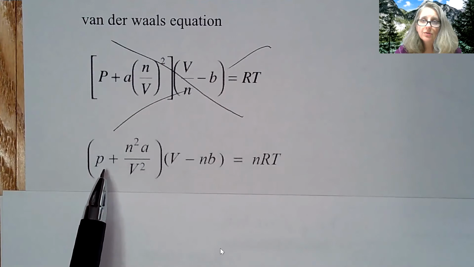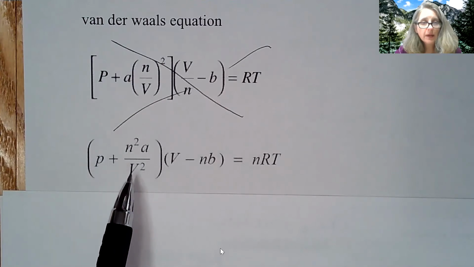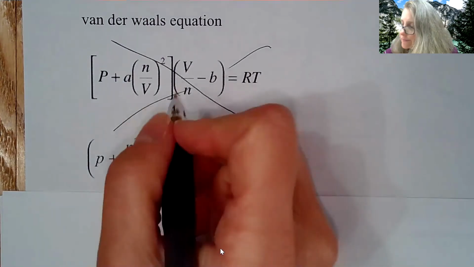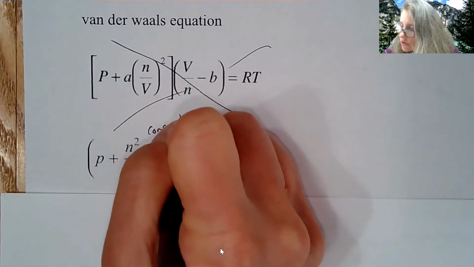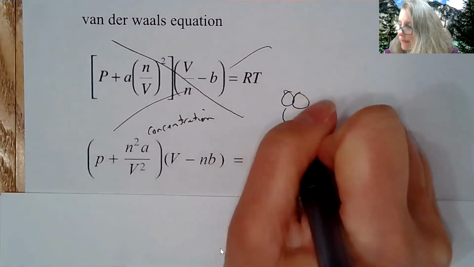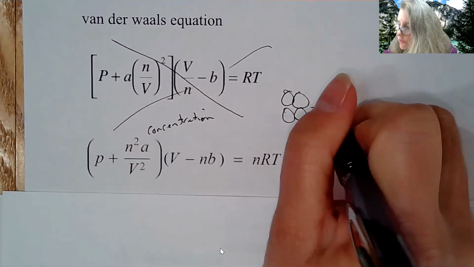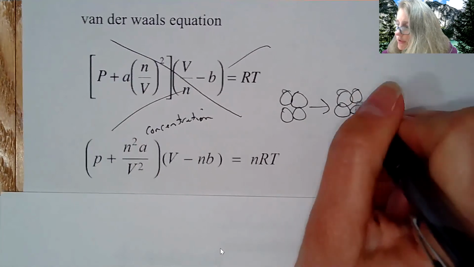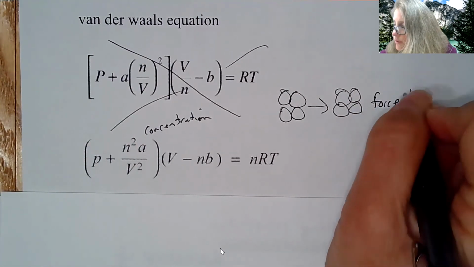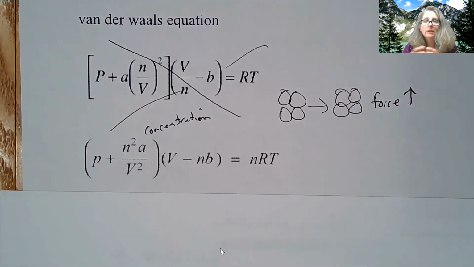So the pressure is going to be affected by the attractive forces, because if you have bigger clumps of gas particles, when they hit each other, you're going to have a stronger force. So the force is going to increase if you have more clumped together, or a higher concentration.